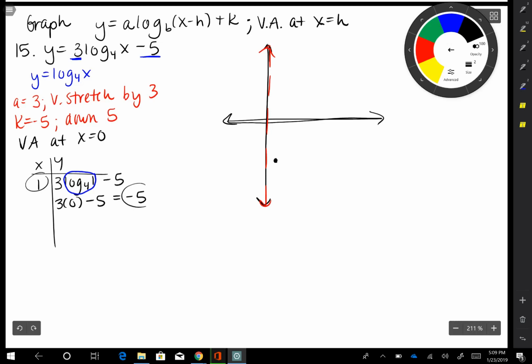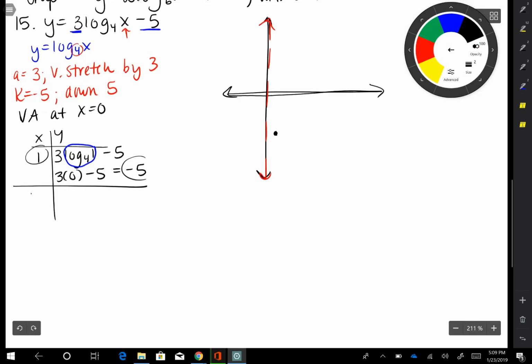Then how I choose my next x value is I look at my base of my function. It is 4. What is the first power of 4? 4. And so I say, what would I put in for x to make that 4? That would obviously be 4. So when I plug 4 in, I'm going to have 3 times log base 4 of 4 minus 5. Log base 4 of 4 is 1. 3 times 1 minus 5 equals 3 minus 5, negative 2.